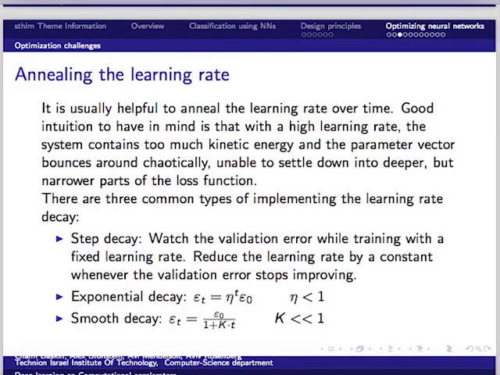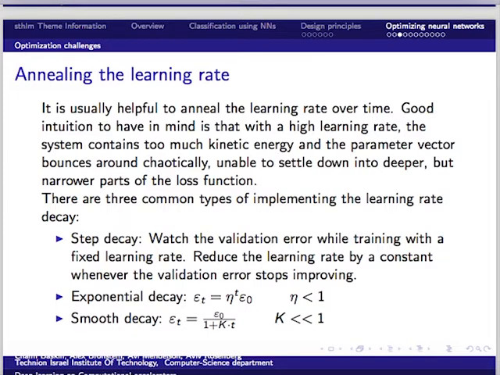What can happen? What do your surfaces look like? Why do you think we need to reduce the learning rate, or your step? Getting close to the local minima. Yes, great answer. If your learning rate is too high near the local minima, you will never get into the local minima.